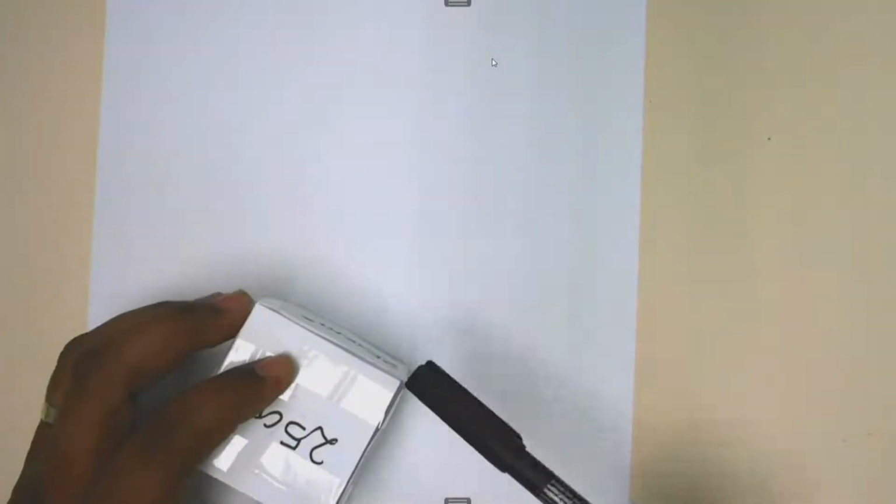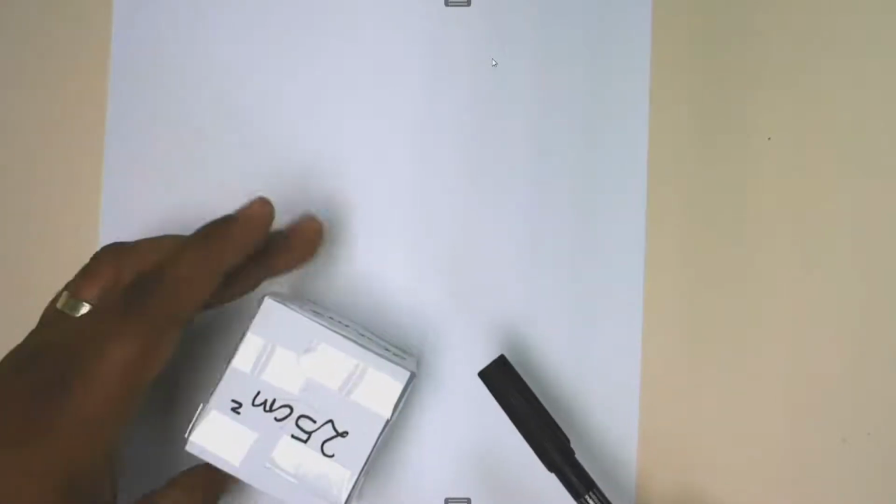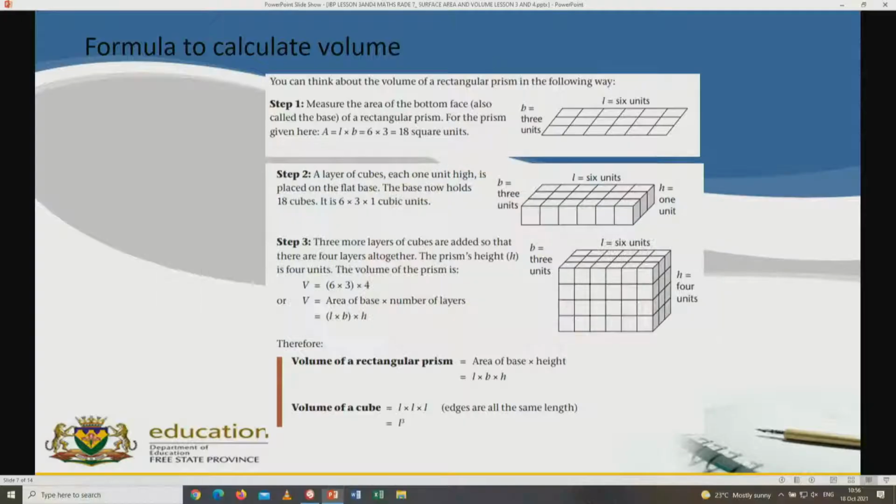Up is another length. And therefore we have now 3 what? Lengths, or the 3 sides. Hence we are saying for a cube we have length multiplying a length multiplying the 3rd length, and therefore edges are all the same length, and then we end up with L to the power of what? Of 3. That is what it has been cubed.